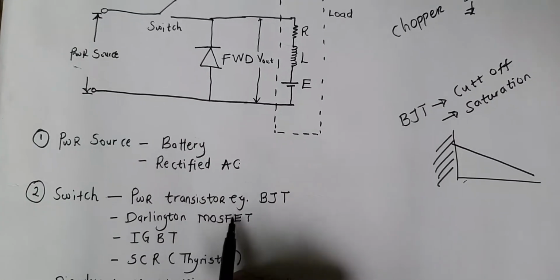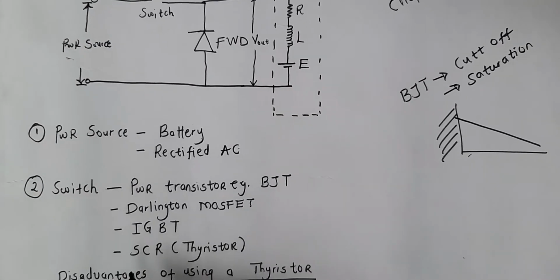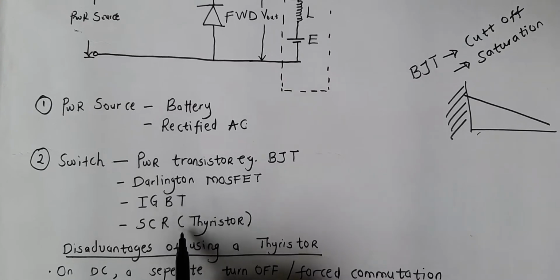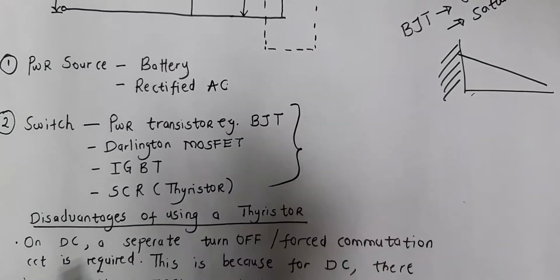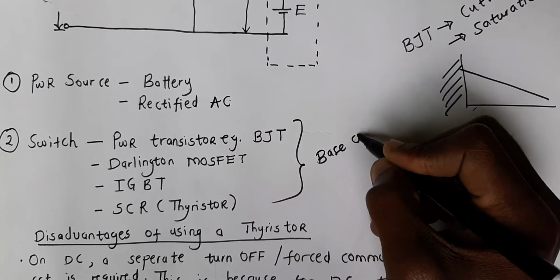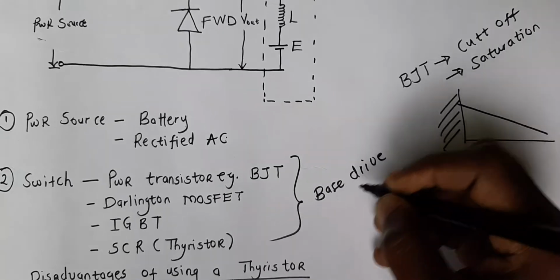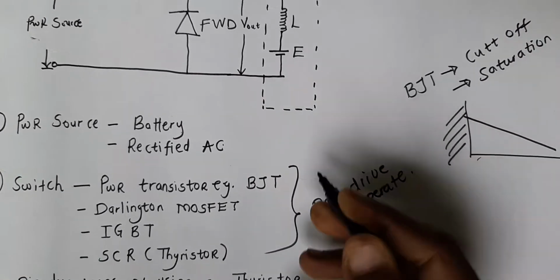Then we have the Darlington, MOSFET, IGBTs, and we have the silicon controlled rectifiers, also known as thyristor. One thing in common about these switches is that they require a base drive to operate. So what exactly do you mean by this base drive?